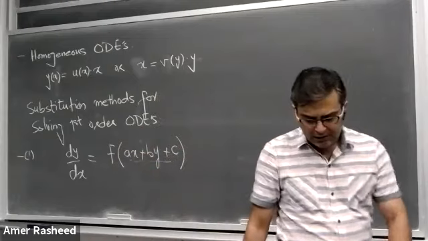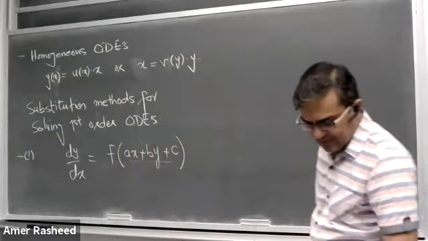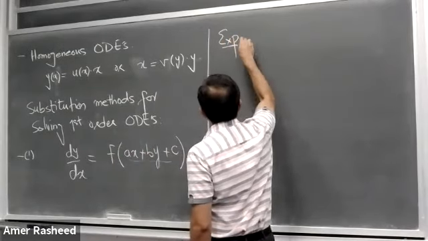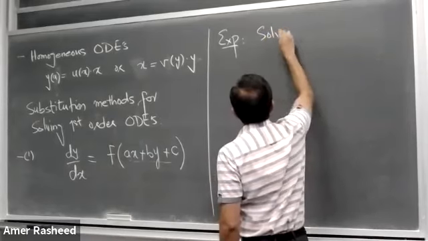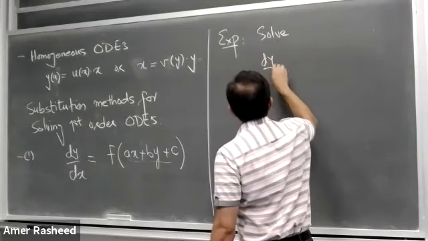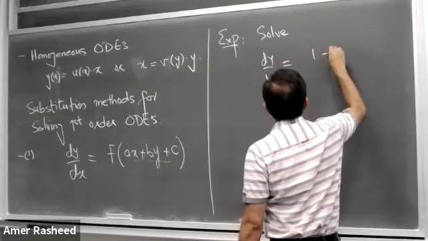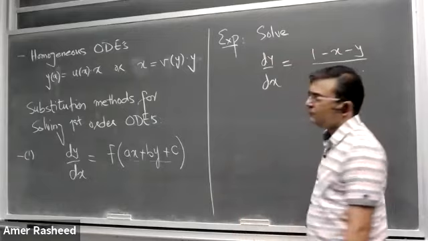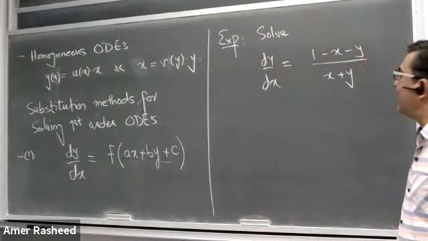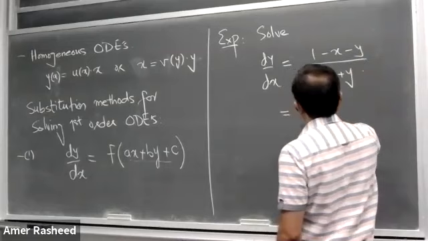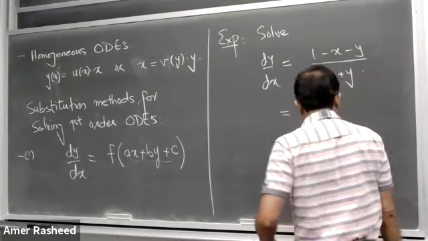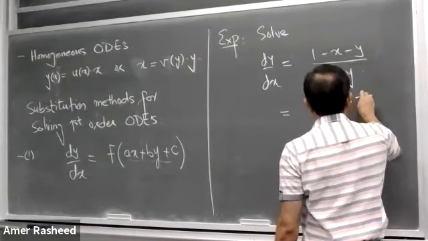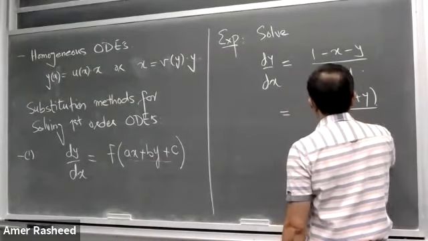Let me give you an example. Solve the following differential equation: dy by dx is equal to 1 minus x minus y over x plus y. If you look closely, this function can be written as 1 minus x plus y divided by x plus y.